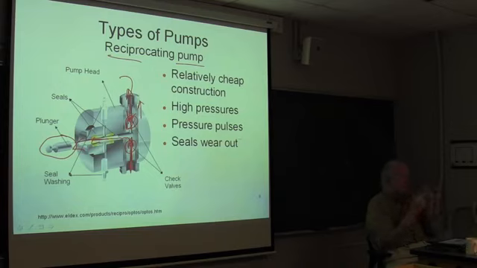The check valves have to have very tight tolerances, and you don't want them to get dirty, because if they actually get a particle, the seals will not make, and your flow rate will be all over the place.